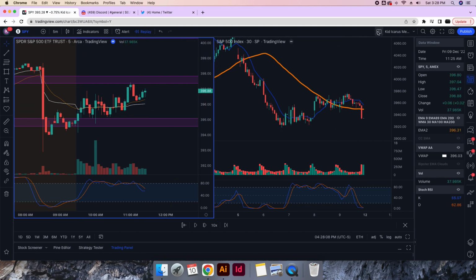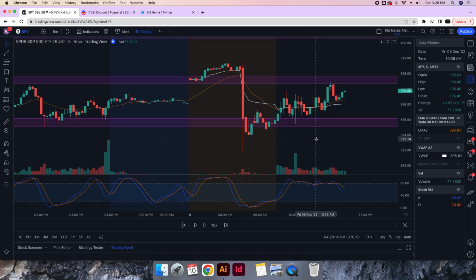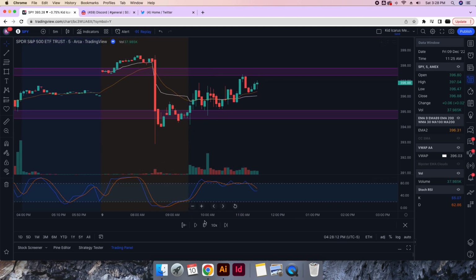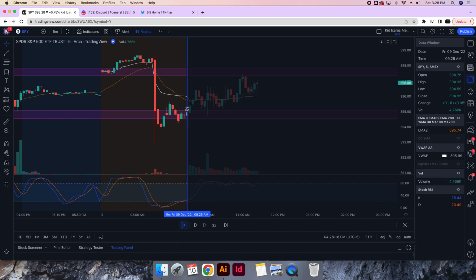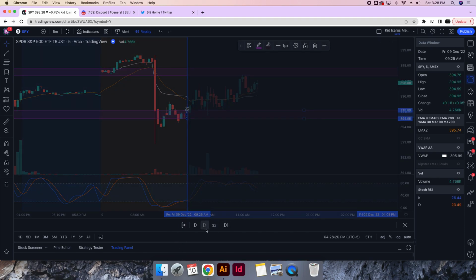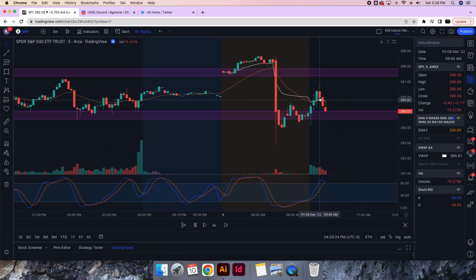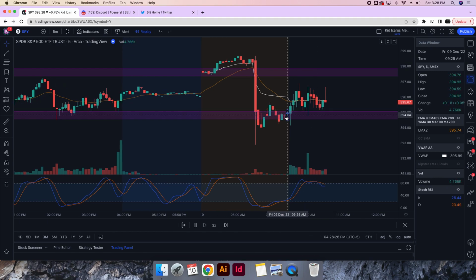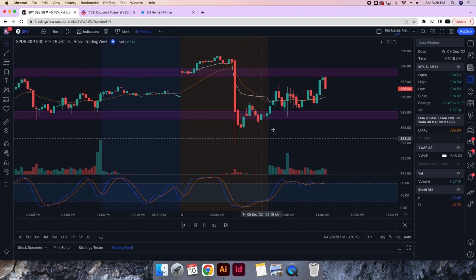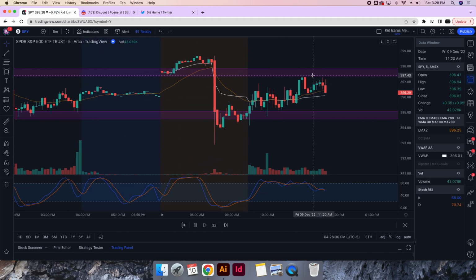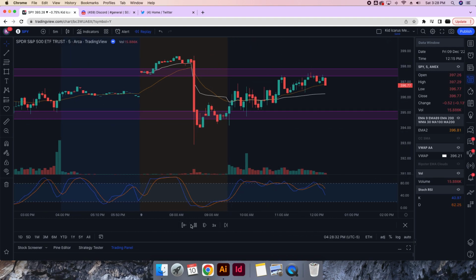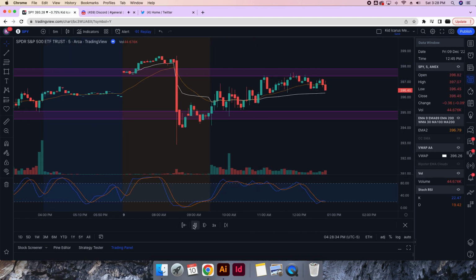I'll pull that up as a single chart and replay it one more time a little more slowly, so we can see that in real time. Enter, take profit. We have our little trend line, and then we enter there, take profit there. Boom. That's how that works.